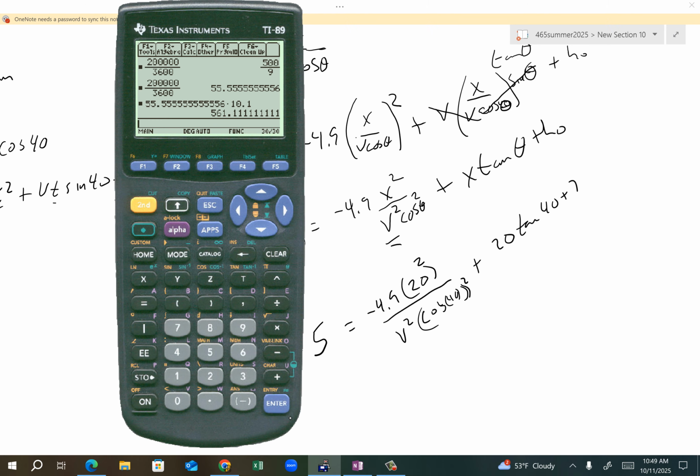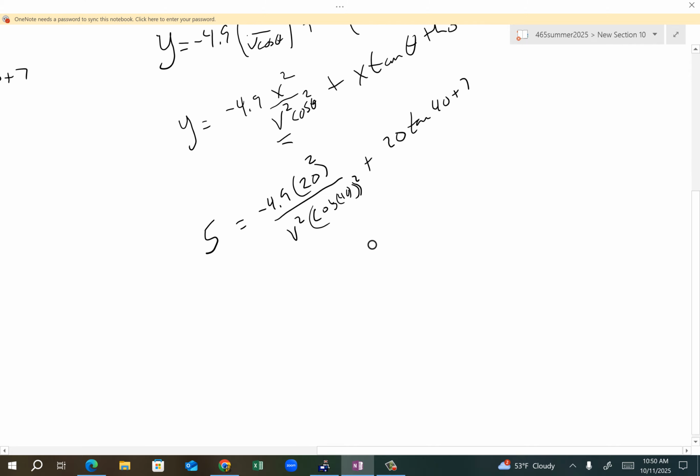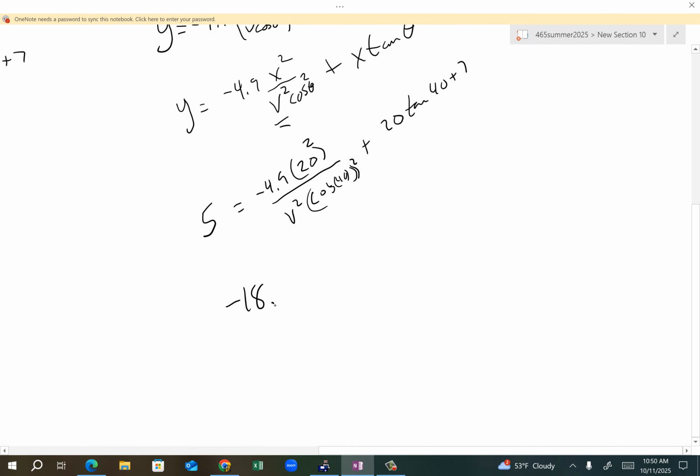Okay, there we go. So 5 minus 20 tangent 40 minus 7 is a mess: negative 18.78 equals negative 4.9 times 400, just for fun, over v squared cosine of 40 squared.